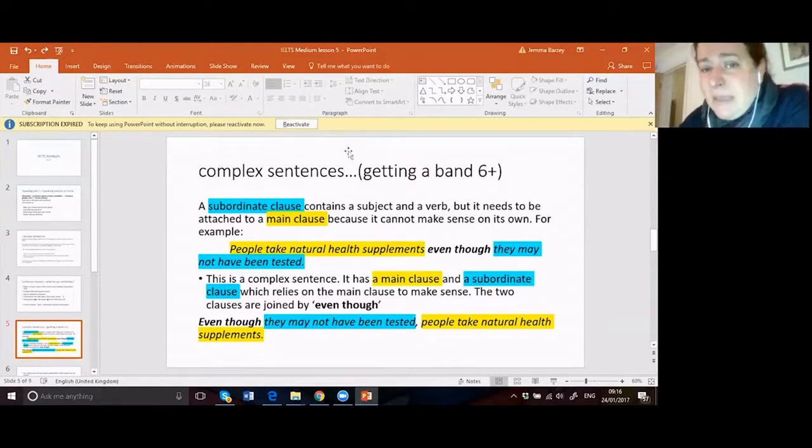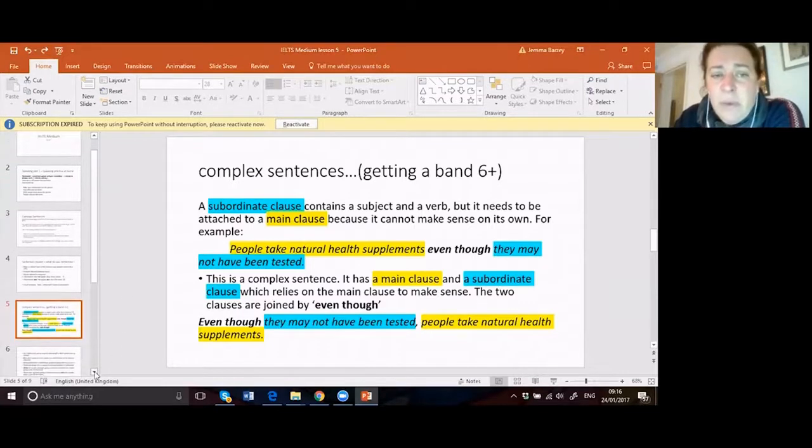And without doing this kind of complex sentences, you're not going to get more than a band 5 in grammar, okay? So what we want to do is try and get you up to a 7 in all parts of the writing. So the task, the organization, the grammar, and the vocabulary. So we're focusing on the grammar a lot, okay? Once you've got this idea, everything else will start to fall into place much quicker.